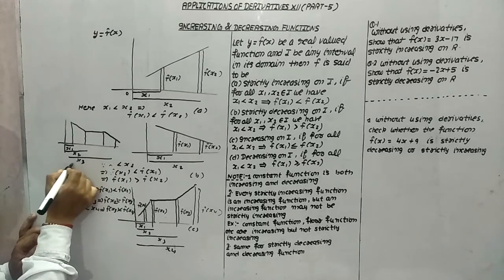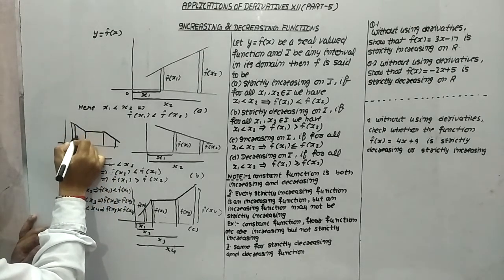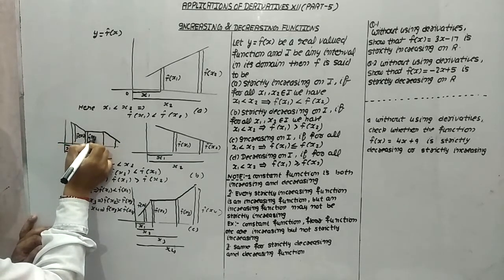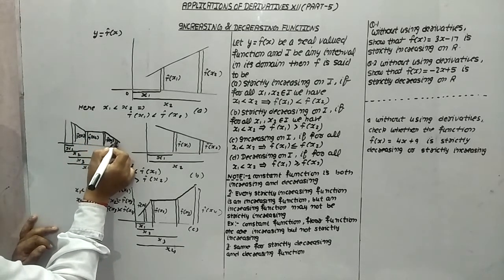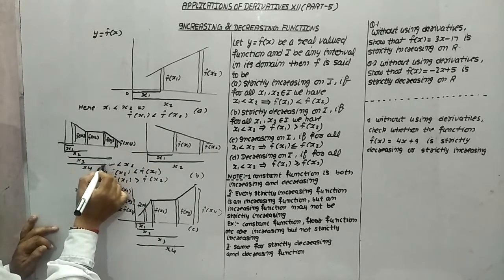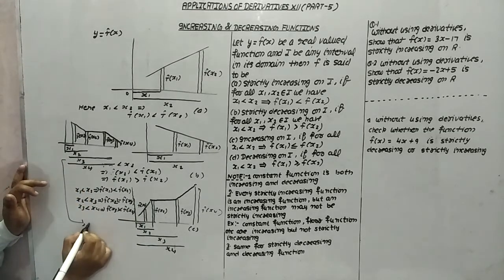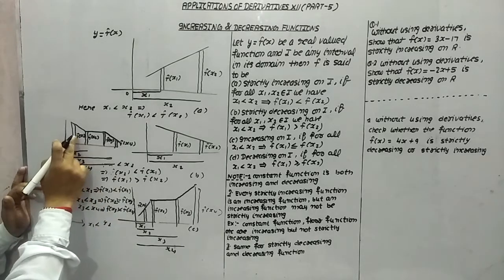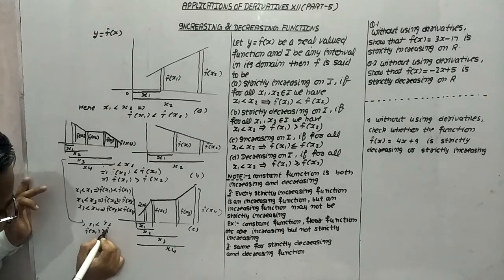This is the point x3 and this is the point x4. Corresponding to this f(x1), corresponding to this f(x2), corresponding to this f(x3), and what is this, f(x4). So these parts are here. Now we can easily see here, in this part I am showing you, if x1 is less than x2, but we are observing here f(x1) is greater than f(x2).